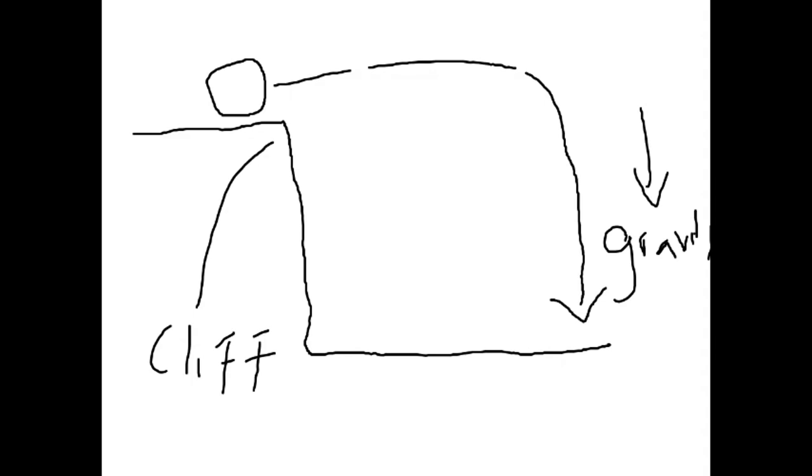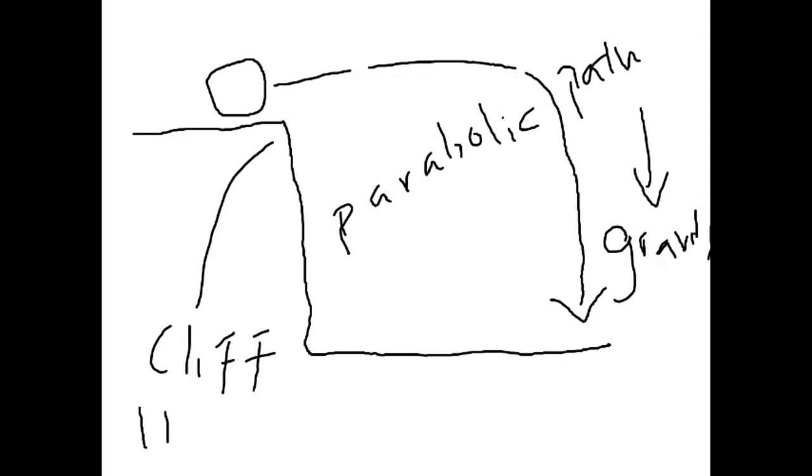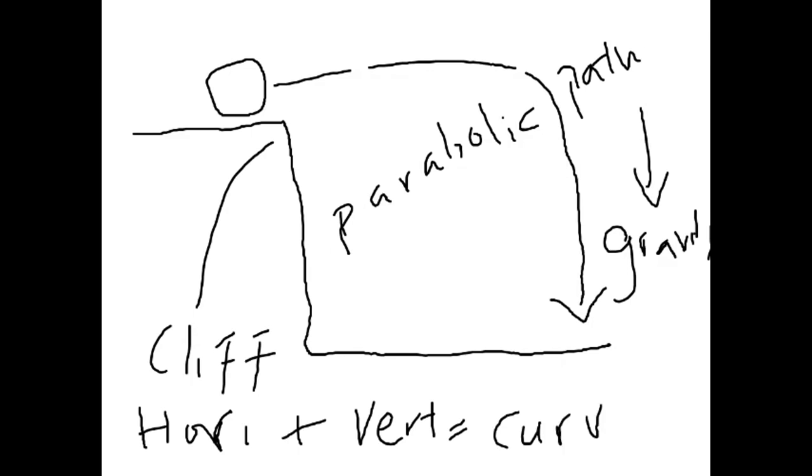At times this is called a parabolic path. The horizontal motion plus the vertical motion is what creates the curve. So it's beginning to make sense now.